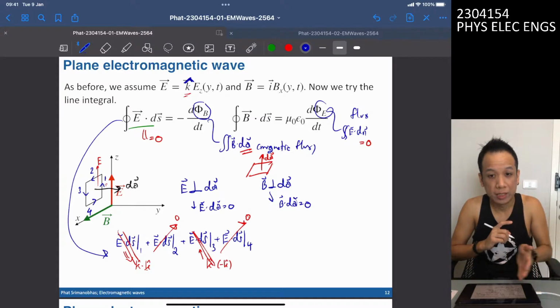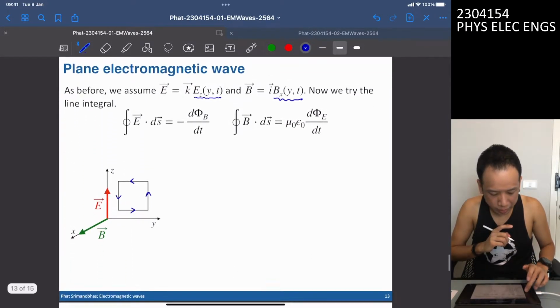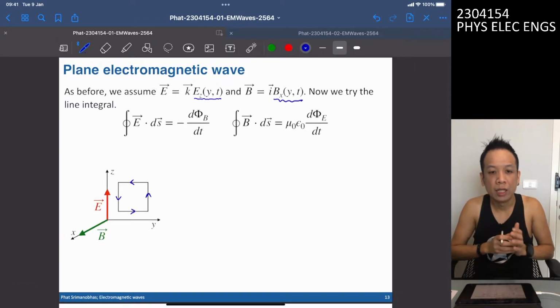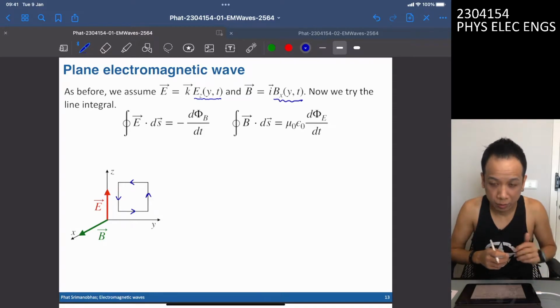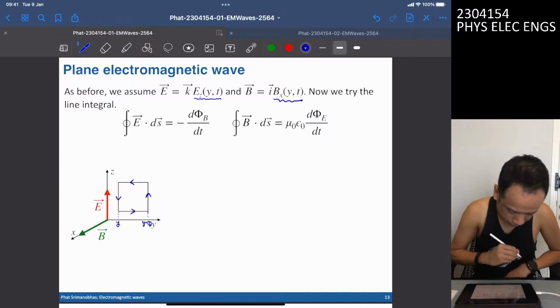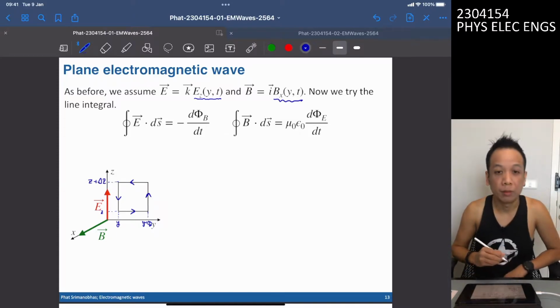So there is no change in y. But in this plane, the yz plane, and the next one, the xy plane, the y has changed, right? So, okay, we say that this is y, and this is y plus delta y, okay? You can say this is z also, and this is z plus delta z, okay?